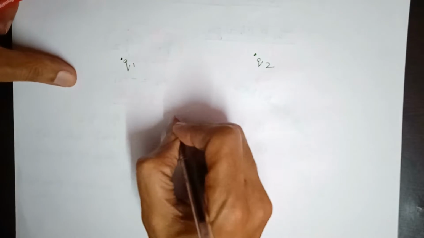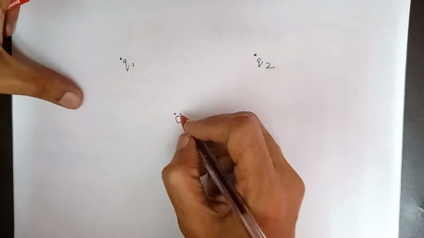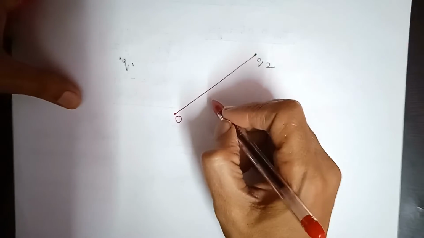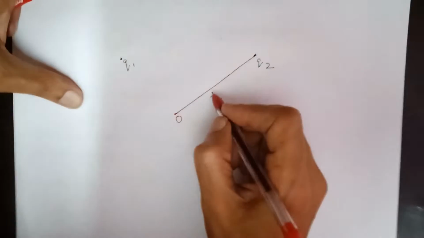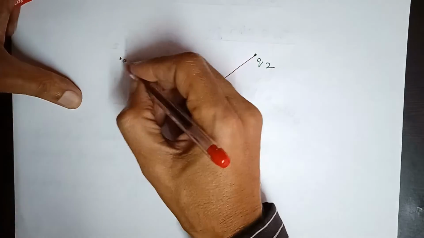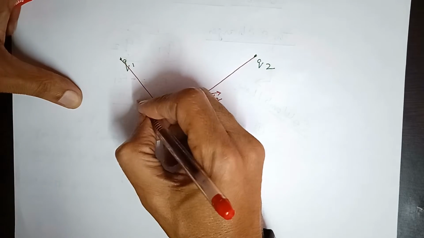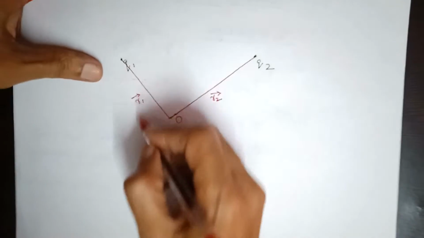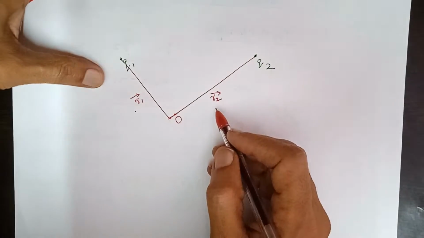This is the origin, and Q2 has position vector R2 and Q1 has position vector R1.